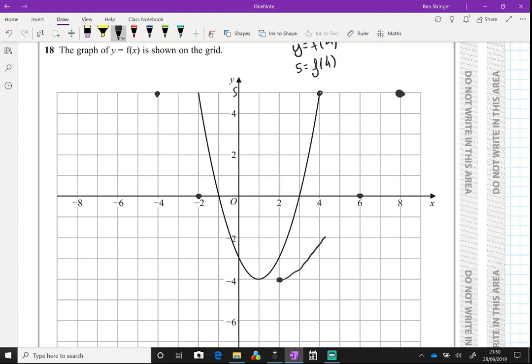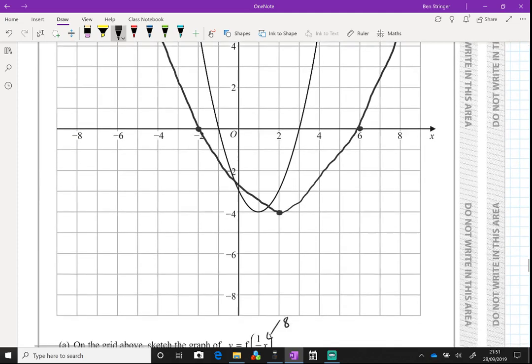So we should get a nice symmetrical graph. Try and make sure this is as smooth as possible. Probably can draw it better than me. That's how I'd say that's looking. It looks more like a bucket, more like a parabola, so effectively it's being stretched, going out.